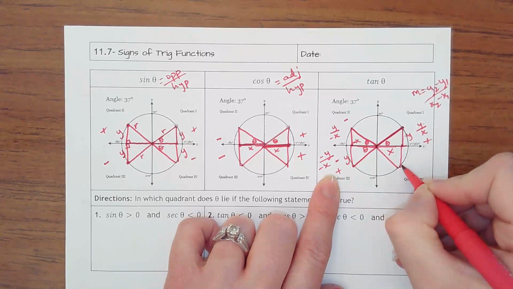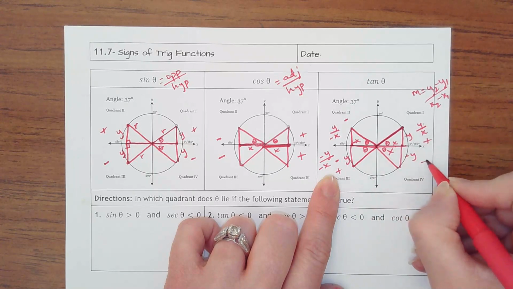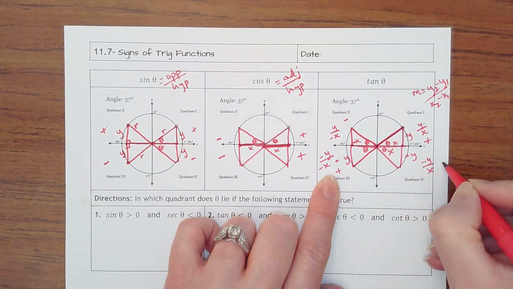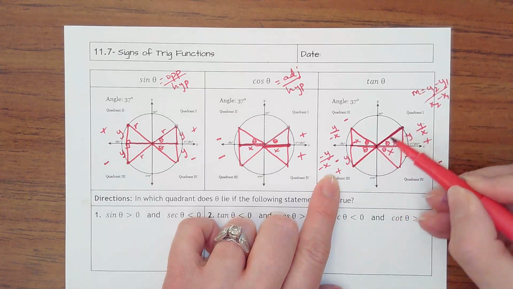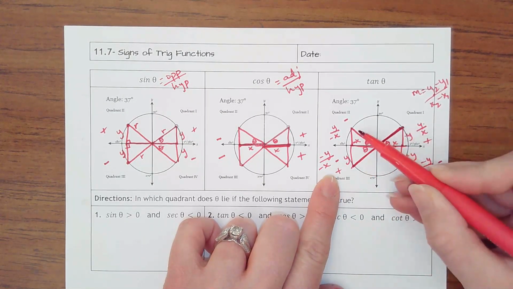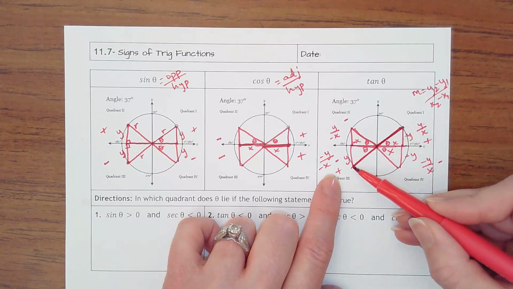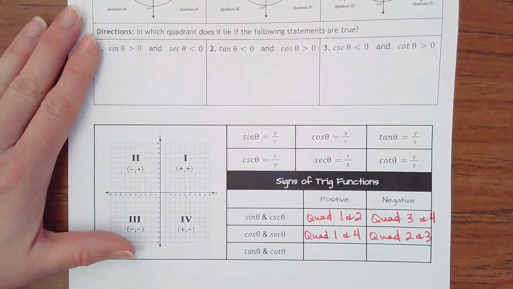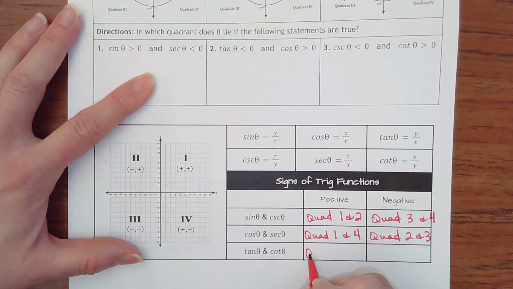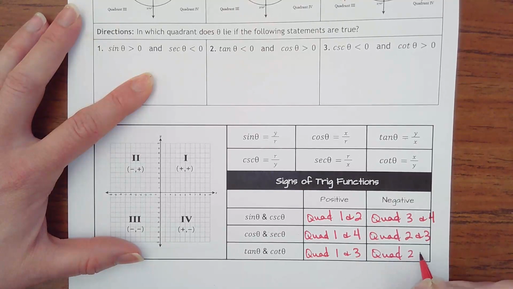And then last but not least, in quadrant 4, that'd be a negative y and then a positive x. So having a negative y divided by a positive would make a negative. So tangent's actually positive in the diagonal quadrants. This would be positive slope, this would be negative. It's positive when you have both positive x and y, or both negative x and y, and it's negative when you have one of each. So we'll put that tangent is positive in quadrants 1 and 3. It's negative in quadrants 2 and 4.